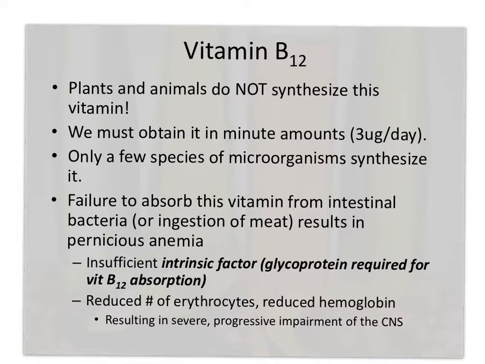So if you aren't a meat eater, like I don't eat much meat, you want to take some type of vitamin supplement that has this in it, or you can take probiotics to make sure that you are getting enough of the bacteria your body utilizes to make vitamin B12, because we can't make it ourselves, and neither can plants.